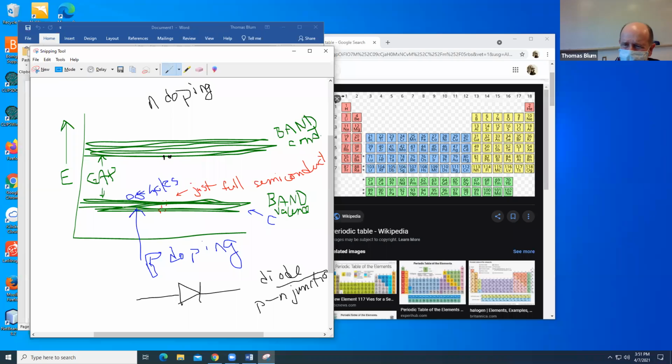It's also non-linear. The resistor, one of our previous elements, was linear. The current is proportional to the voltage. That's not the case with a diode. A diode has much more of an on-off property. So we're getting to the point where we have the logic.